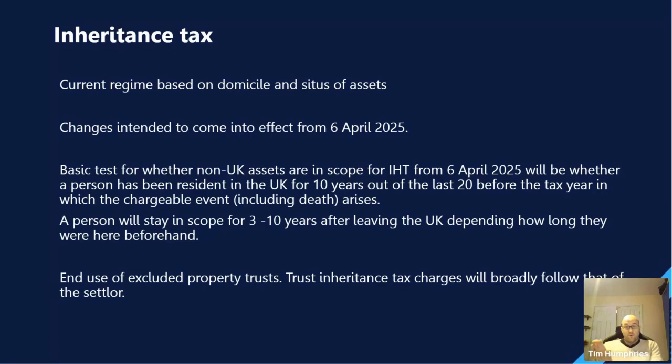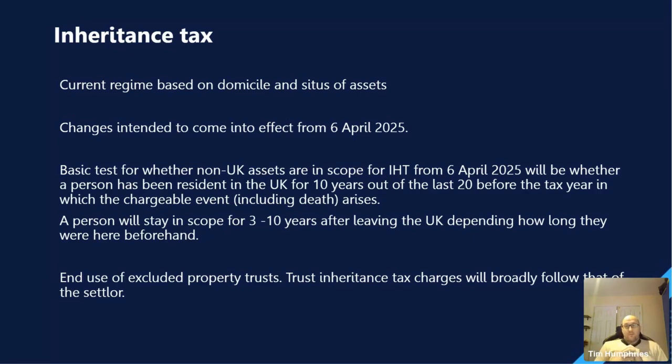But as soon as you go over your 10 years, such that the person who set the trust up becomes liable to inheritance tax, then the trust will follow suit, and the trust will become liable to inheritance tax as well. Trusts are typically liable to inheritance tax on the 10th anniversary of when they were set up. They're also liable when assets leave the trust.